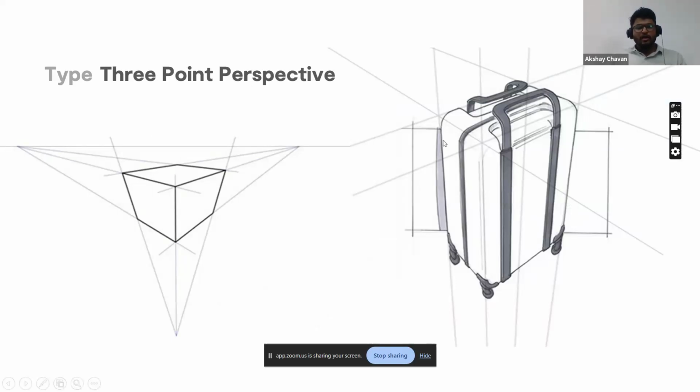Here, all lines are converging at vanishing points. Like in this example, we are looking at this bag, which has a distorted view, where the height is also converging at the bottom.